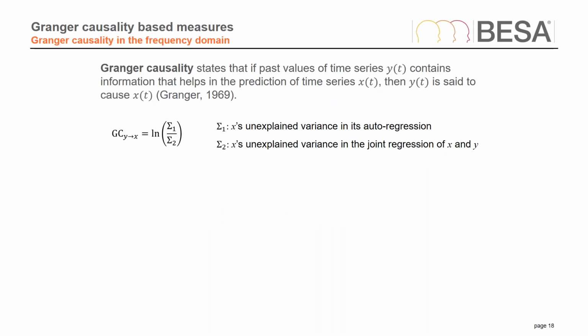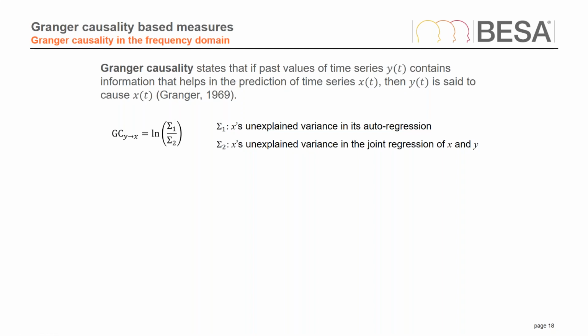Granger causality states that if past values of time series Y contain information that helps in the prediction of time series X, then Y is said to cause X. So this is really a different approach to the connectivity problem. The measure is the logarithm of the unexplained variance from X's autoregression divided by the unexplained variance in the joint regression.